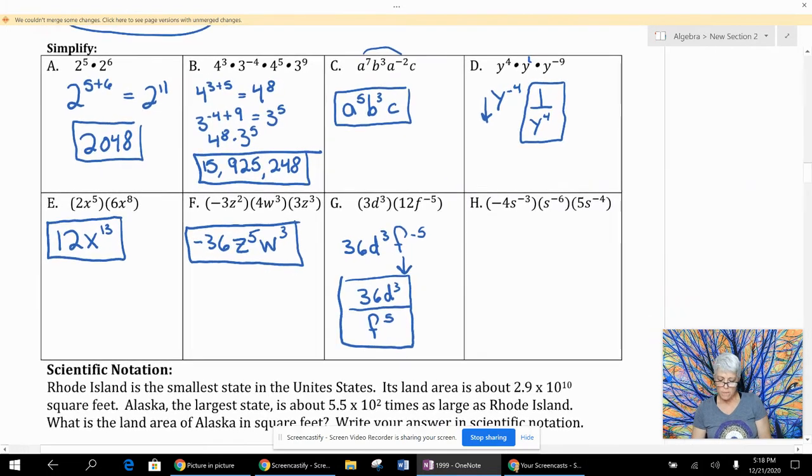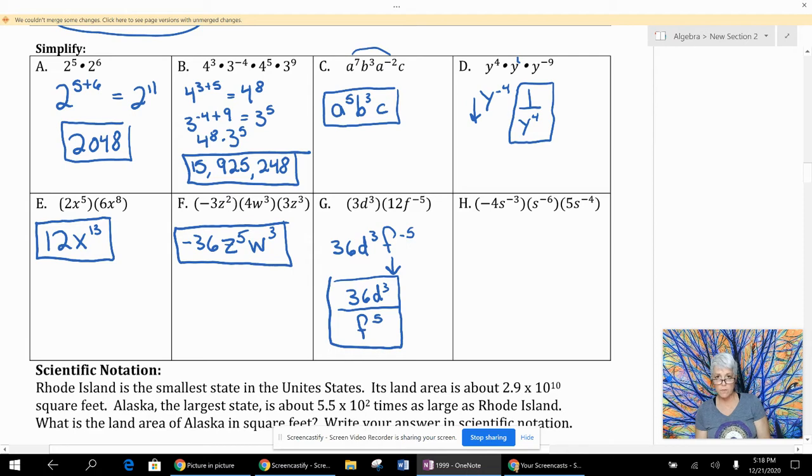Next one, I've got negative 4 times 5, which is negative 20. And then I've got a ton of S's. Oh, my 5s and my S's always look the same. Negative 3 minus 6 minus 4 ends up being negative 20S to the negative 13, which of course I've told you before I need to push it down.